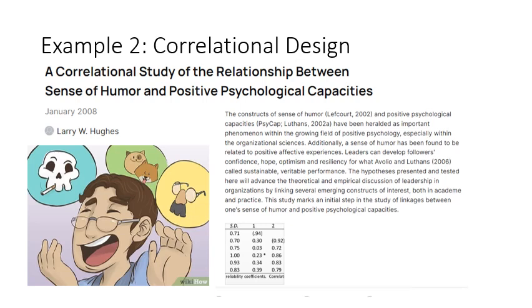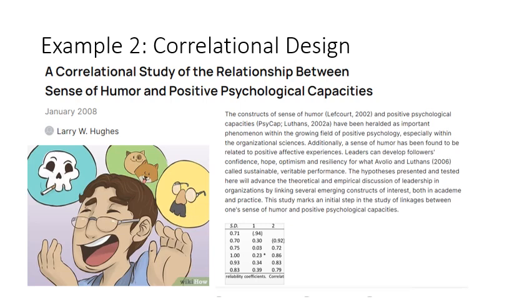So this study, beginning with the hypothesis presented and tested here, will advance the theoretical and empirical discussion of leadership in organizations by linking several emerging constructs of interest, both in academe and practice. This study marks an initial step in the study of linkages between one's sense of humor and positive psychological capacities.